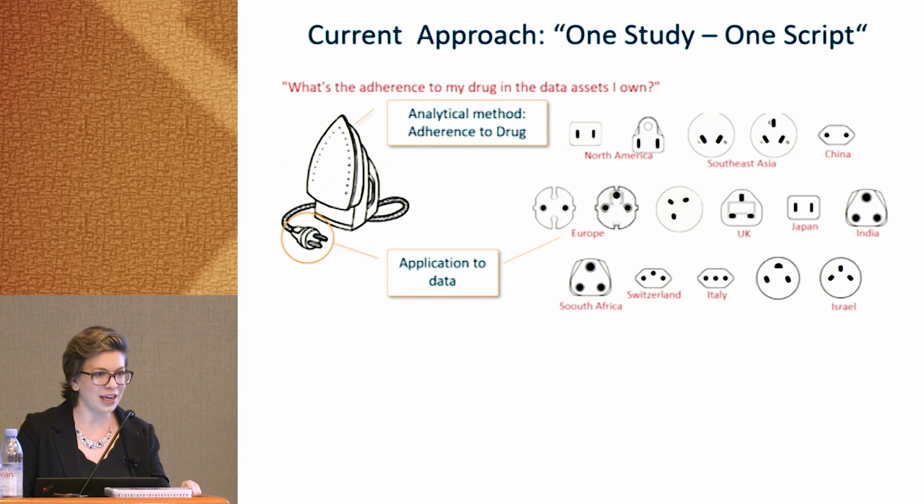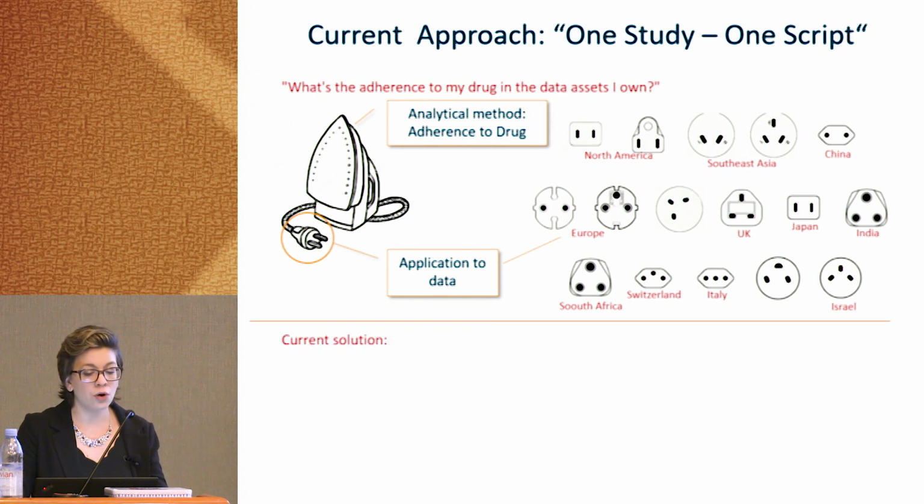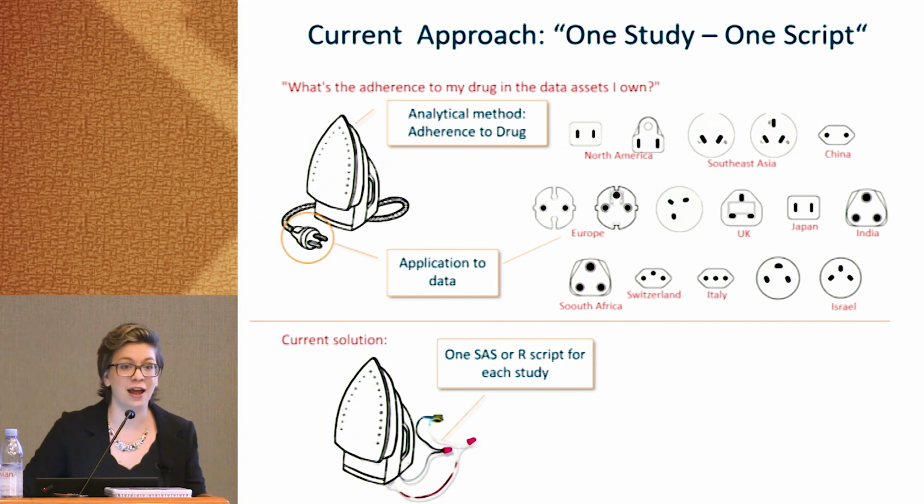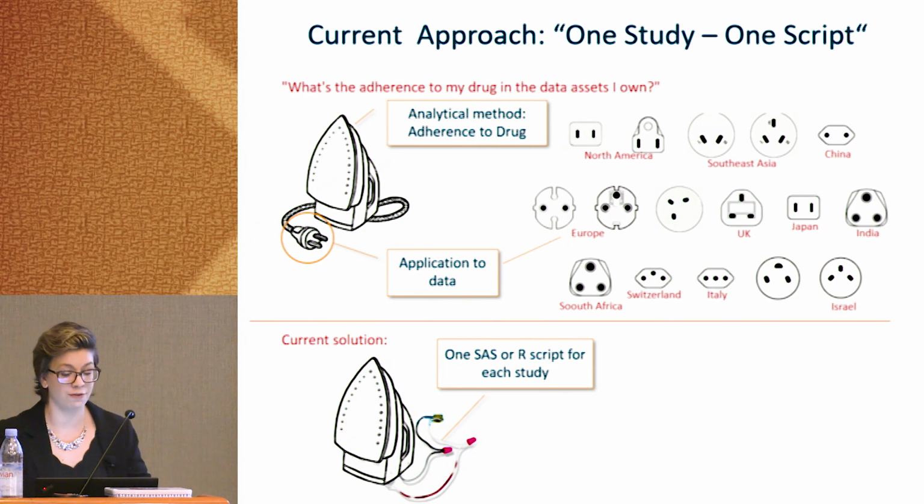Unfortunately, when you don't standardize your data sets, every time you want to interact with a data set, you need a different plug. Bringing the analogy back to how we work with our data, it means you need a different program every time you want to ask a question. What that ends up looking like is that people basically take the iron and force fit it into all the different plugs.